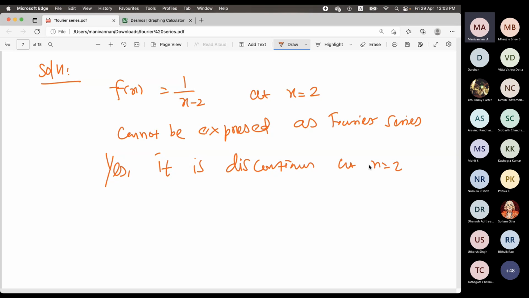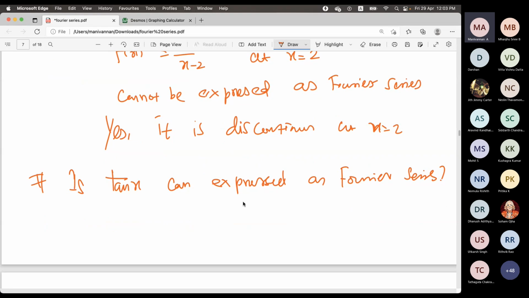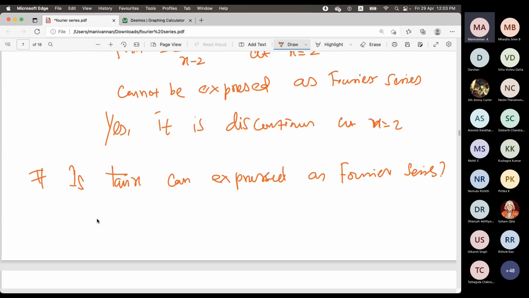Now the second problem: can tan x be expressed as a Fourier series? Here the interval is not specified. If an interval is specified, then it is fine. The solution is no. Why?